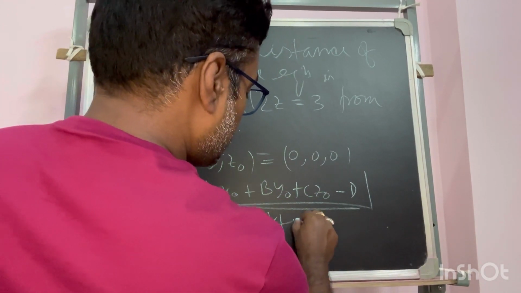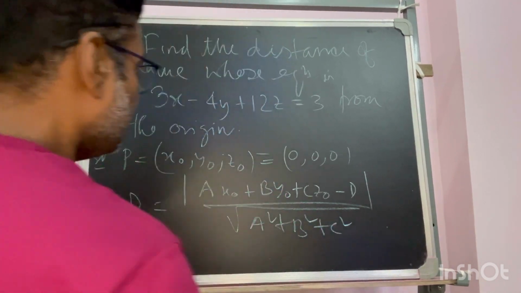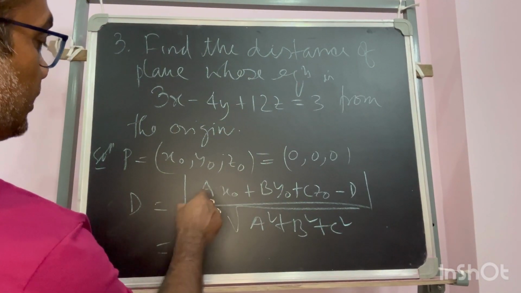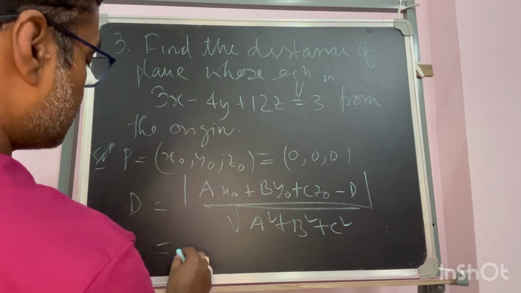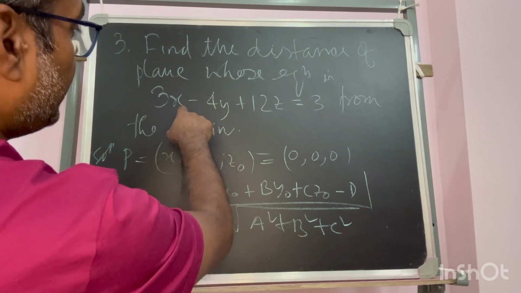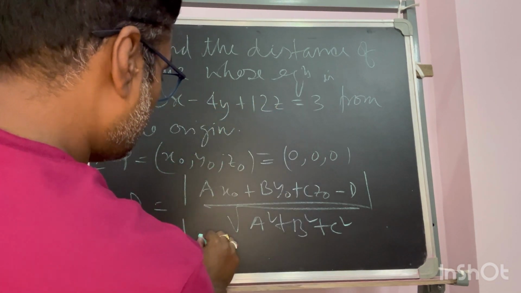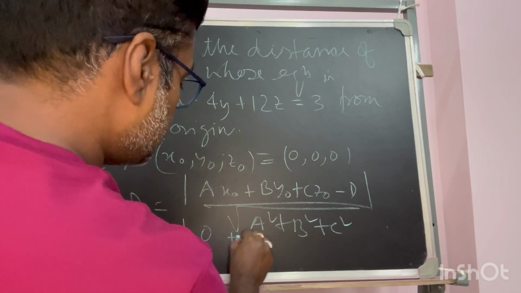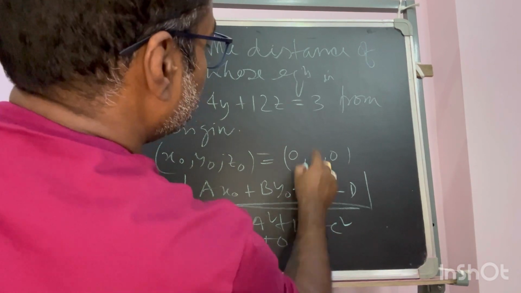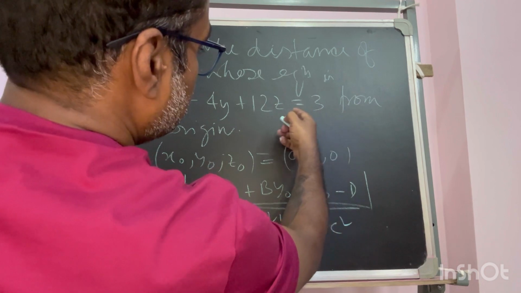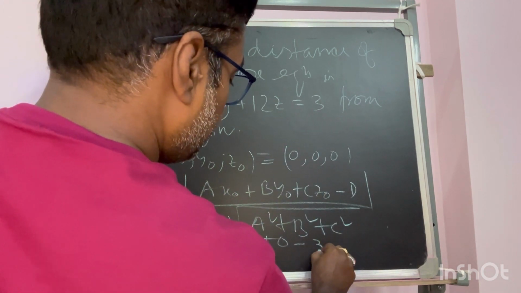This was my formula to calculate distance. Now here a, b, c are these coefficients, so you can put directly the value of x, y, z equal to 0 here. So all will be 0 plus 0 plus 0 minus this one. So this is already on the right hand side, this comes as a minus, so this will be 3.